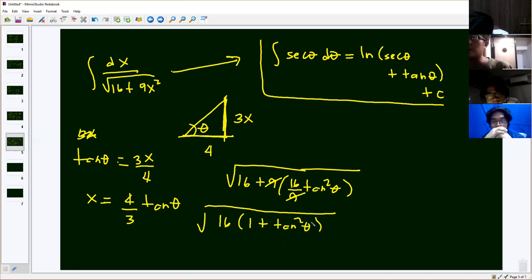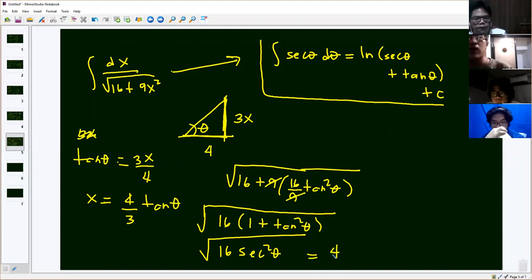Ano yung 1 plus tan squared? Secant squared theta, sir. So mangyari 16 secant squared, kaya magiging 4 secant. Right? So yan na.